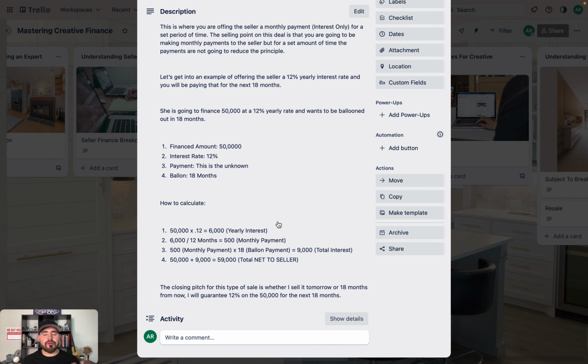So I just wanted to break this one down, go a little bit more in depth, because I know there's typically a lot of questions on the interest only, but this is a super, super, super powerful tool, because it further adds on to the illusion of choice, because we're still giving them $500 a month. So whether they take principal reduction, principal with interest, or interest only, this is the way it is.